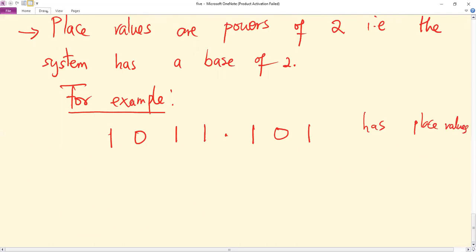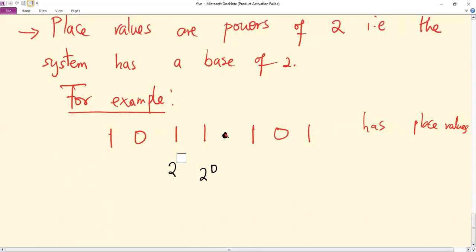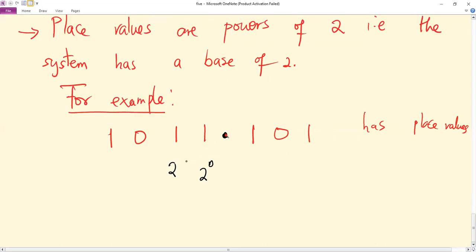So I will be writing place values of each digit below it. So you start from here, the first digit on the left of the decimal point, the power is 0. Then this one is 2 power 1, this one is 2 power 2, this one is 2 power 3.